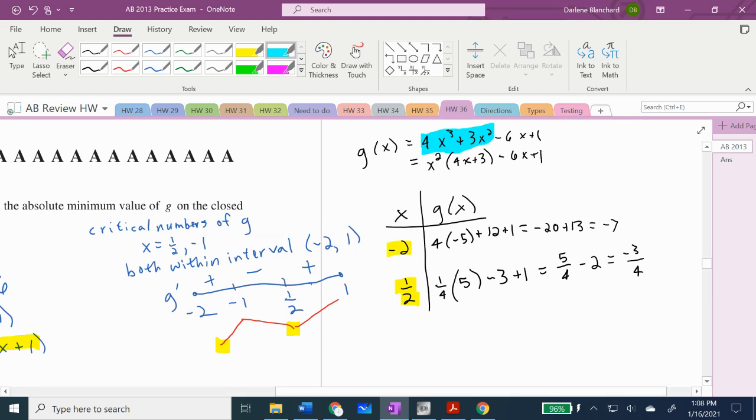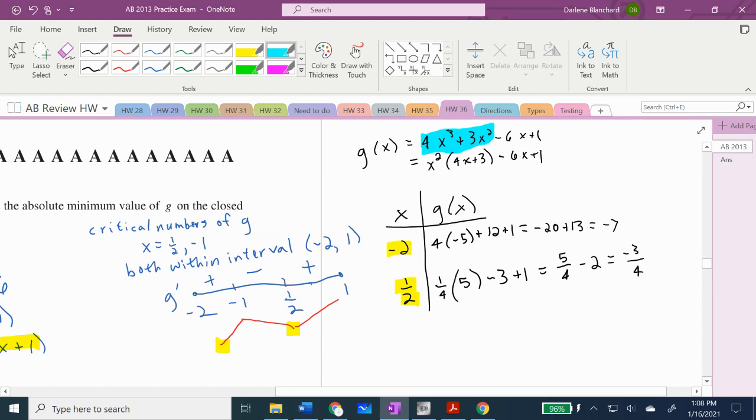When I plug in -2, I know that I square -2 to get 4, and then -8 plus 3 is -5, and so on, and the arithmetic isn't too bad. Even when I'm putting in a fraction, I square it to get 1/4. 4 times 1/2 gives me 2 plus 3 is 5, and so on, and the arithmetic again isn't too bad.